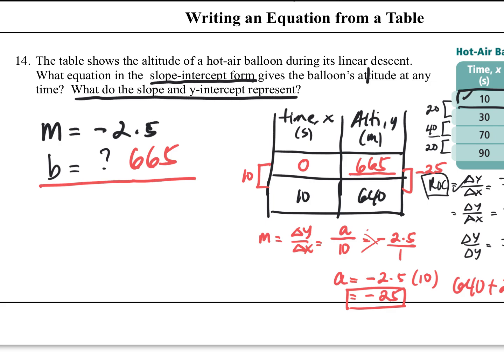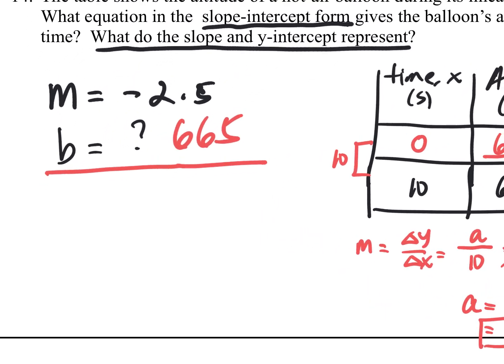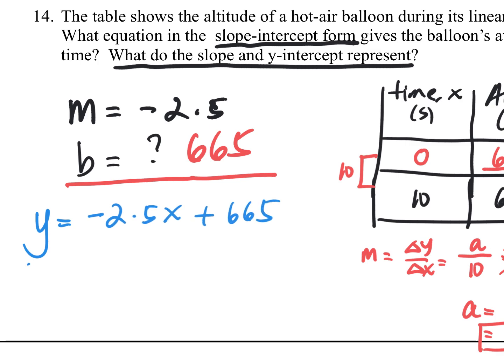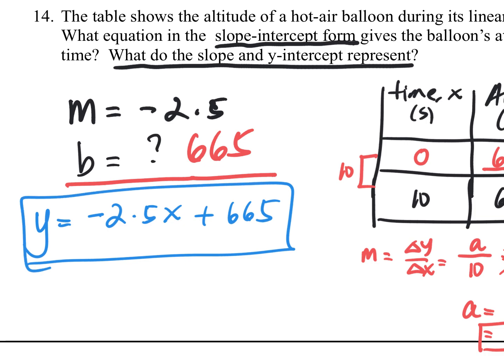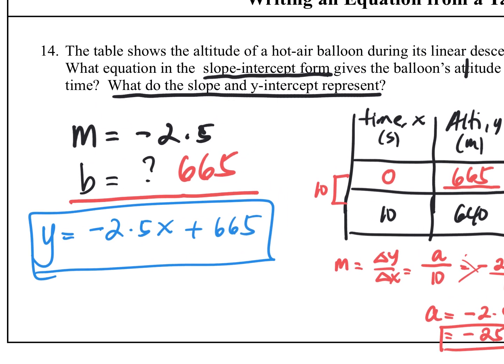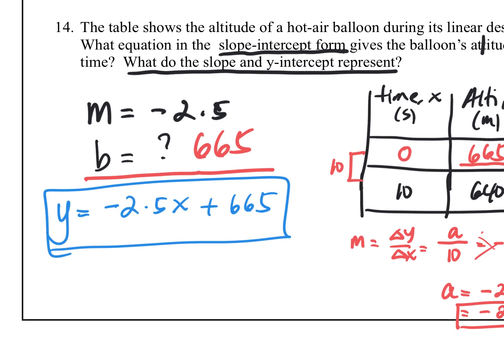With all that said, we can now create our equation. The equation in slope-intercept form is y equals negative 2.5x plus 665. The second question is, what do the slope and the y-intercept represent?